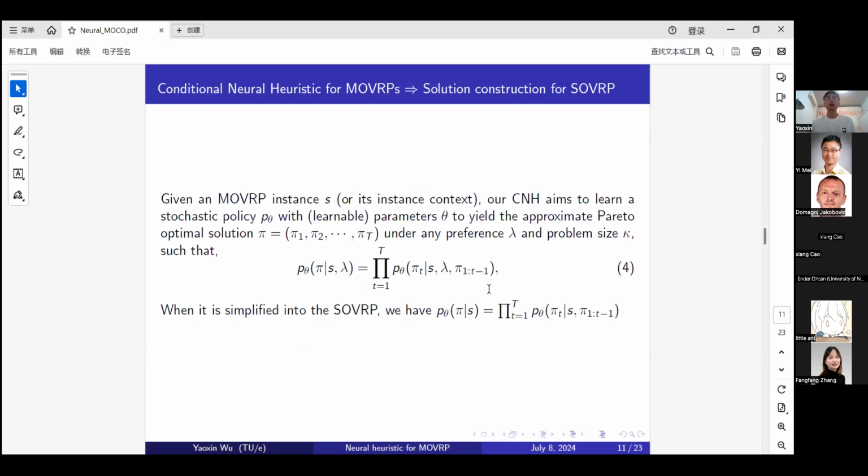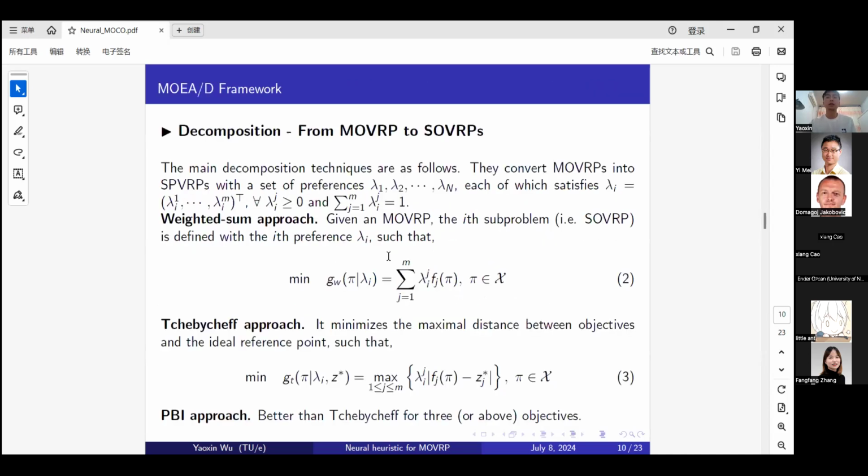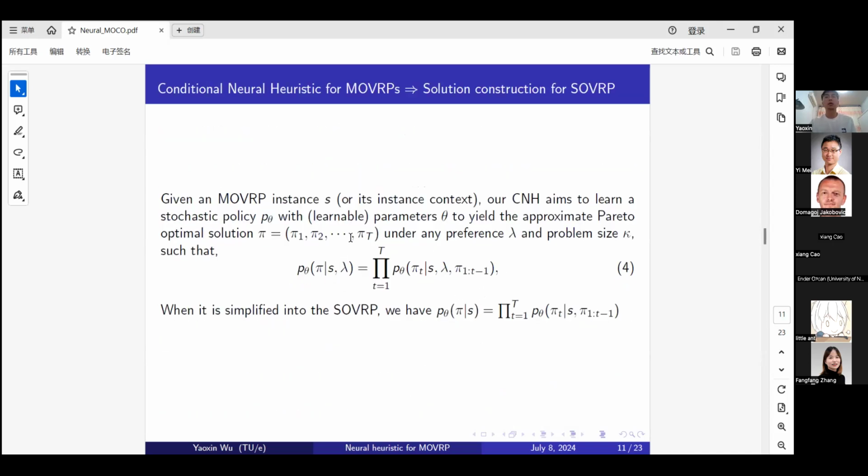So based on this thought, we can give different preferences, and then try to solve each single objective vehicle routing problem.